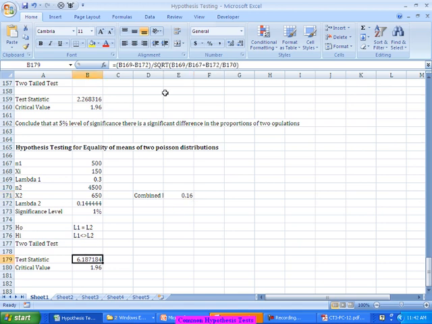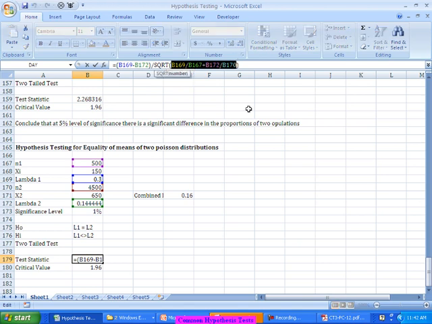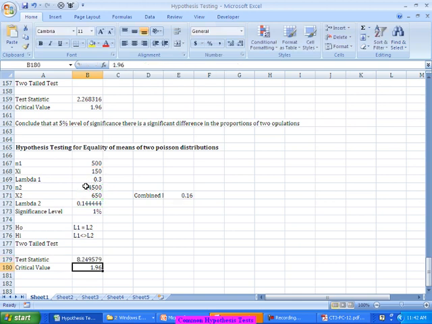So in the test statistic, I'll modify it, especially in the denominator. I'll take the combined lambda by n1 plus the combined lambda by n2, not the individual lambdas. Anyhow, it doesn't matter.